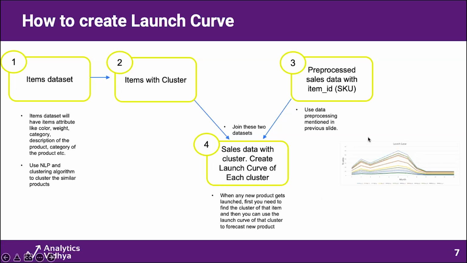Now I have taken a very simple approach to just take the average and say how this particular launch curve is going to perform. The other way could be you can apply a curve fitting algorithm, a kind of regression algorithm, wherein you will fit a curve on this particular data set, right?